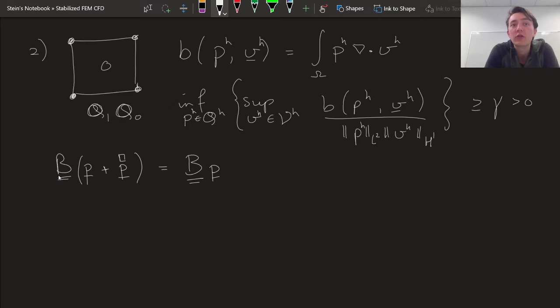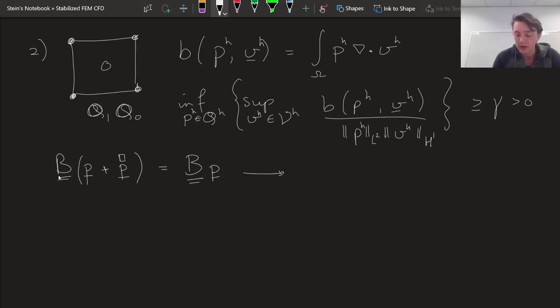So as a result, we cannot say that a multiplication of B with any vector will always produce a unique vector for any unique pressure, but rather we can add a certain oscillation to this pressure according to this P with a square, and the result is still going to be the same.